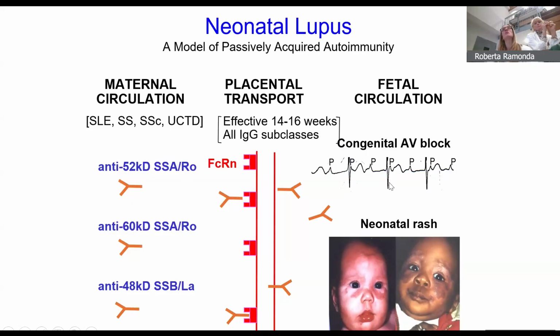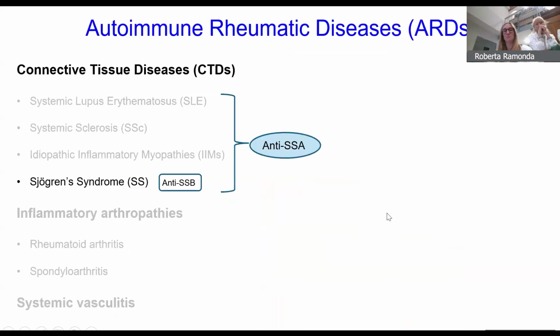Neonatal lupus is not a complication of lupus patients only because it is caused by the presence of anti-SSA and anti-SSB antibodies. And there is the transport via the placenta to the fetus, and with several clinical manifestations. The most frequent and the most severe is the heart block, the fetal heart block.